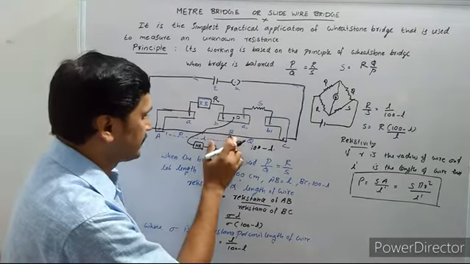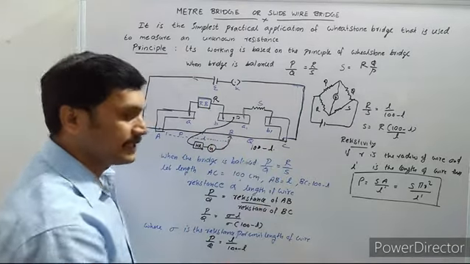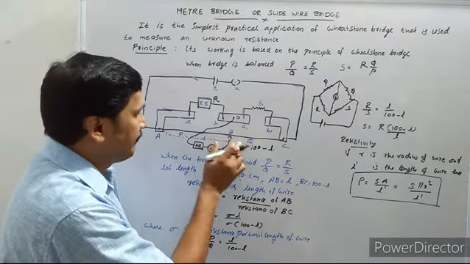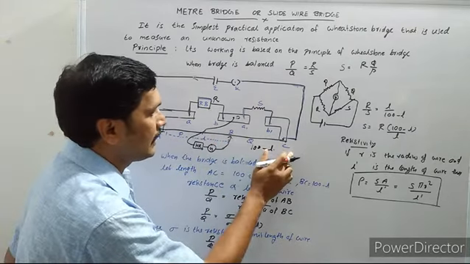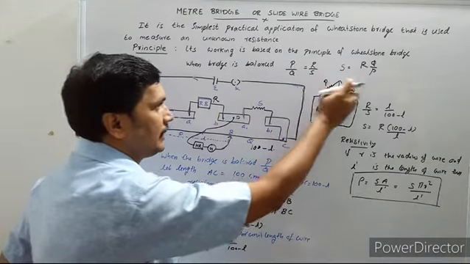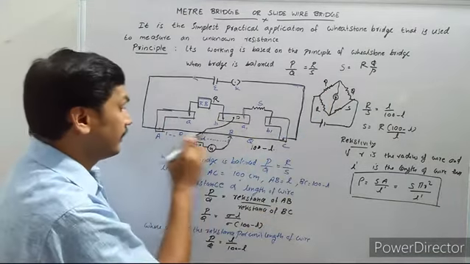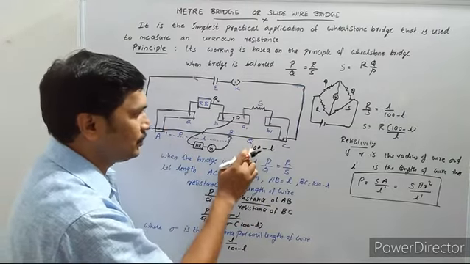So suppose AB is equal to L and BC is equal to 100 minus L. The wire AB has a resistance P and the wire BC has a resistance Q. So instead of P and Q, we have the wires AB and BC having resistances P and Q.